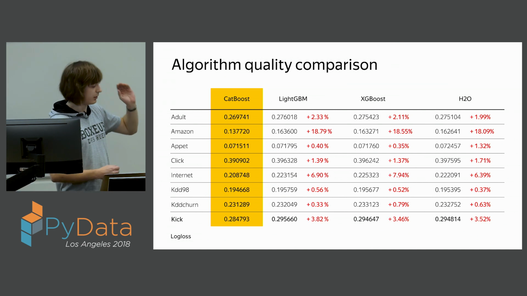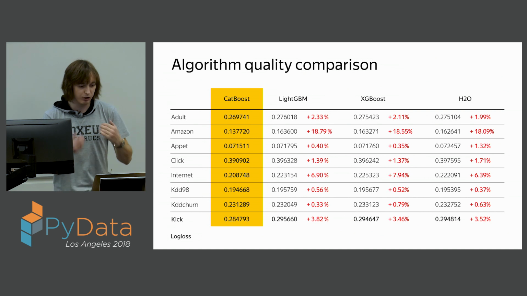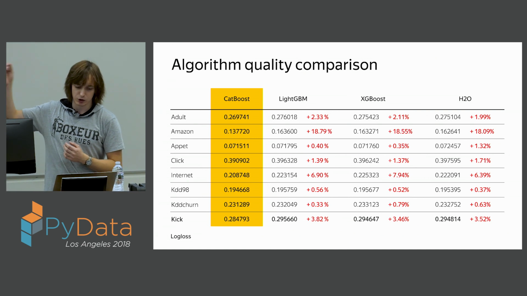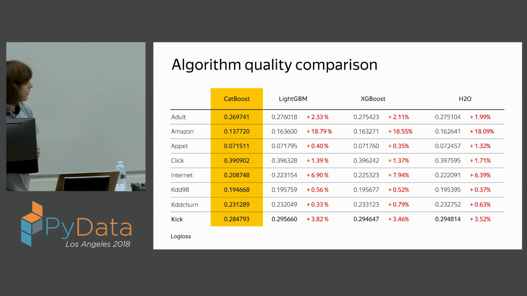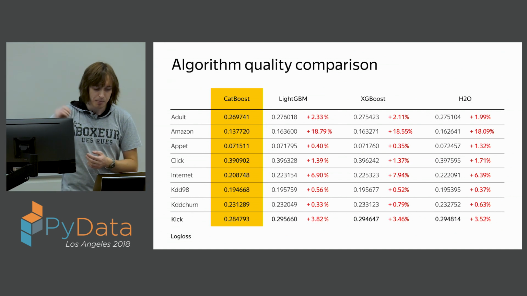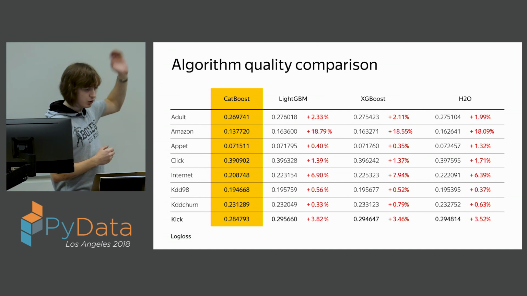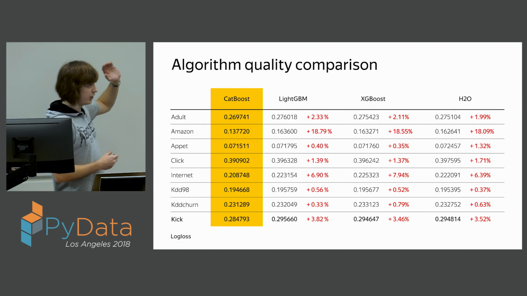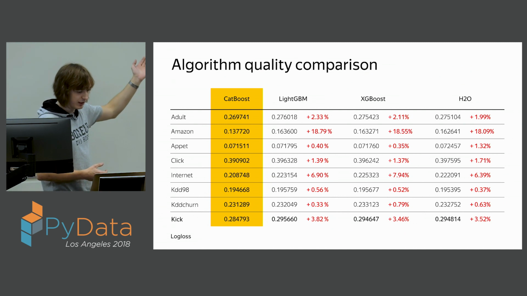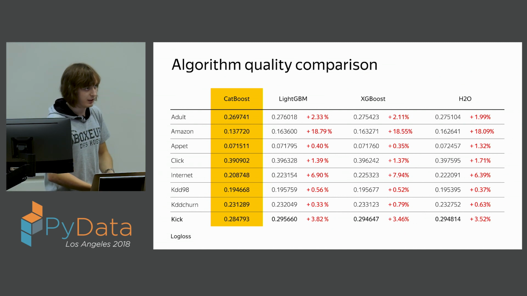Here you can see a table. We compared our library with our competitors. It's LightGBM, XGBoost, and H2O. We've used publicly available datasets and tuned hyperparameters of each library with hyperopt. And results are here on the slide. Sometimes CatBoost is significantly better, like on the Amazon dataset.